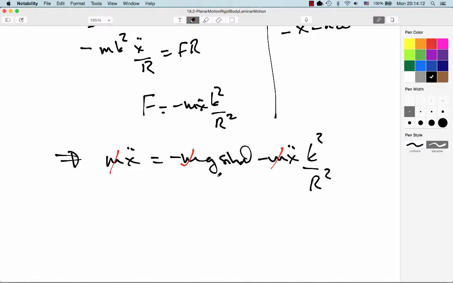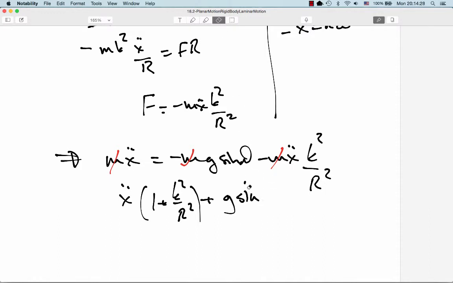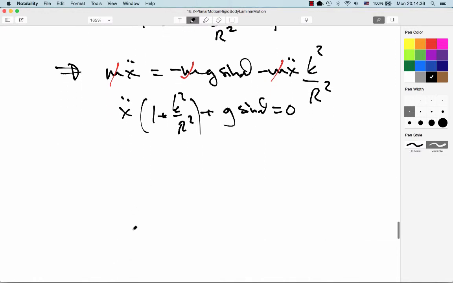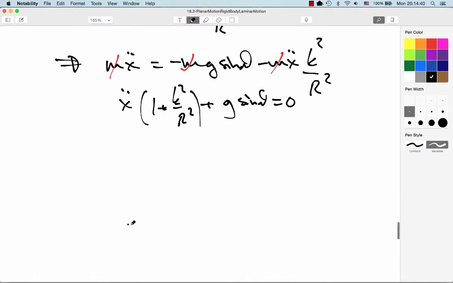And we are left with x double dot times 1 plus k squared over r squared plus g sine theta equals 0. So we can go ahead and do the usual tricks.